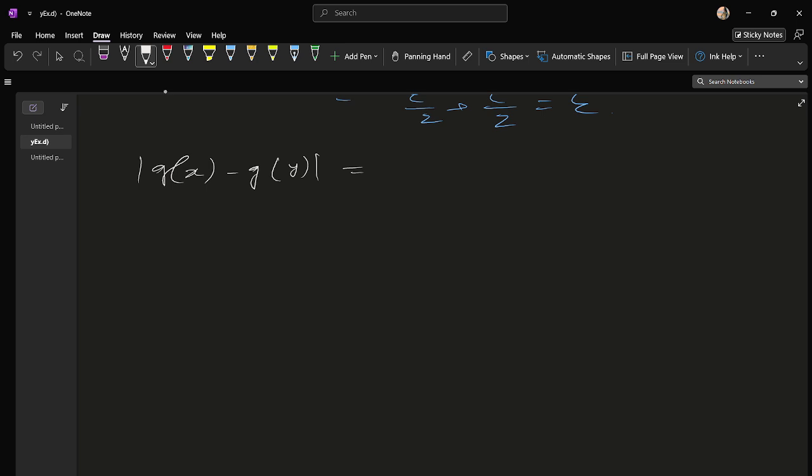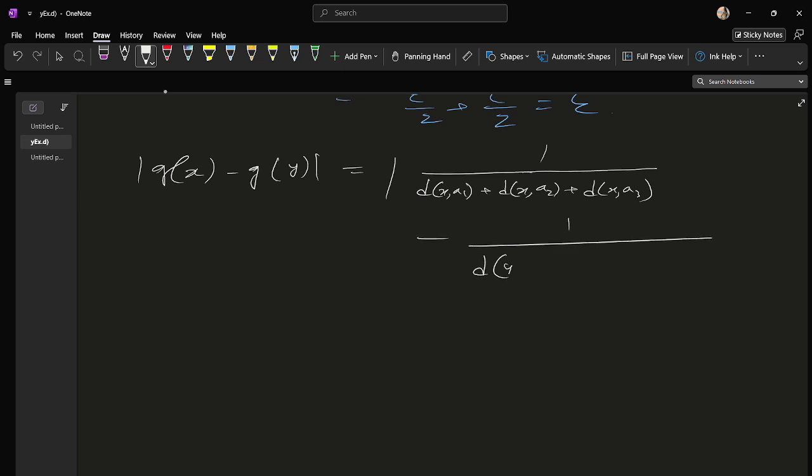That will be the summation of 1 by the big thing, which is d(x, a1) plus d(x, a2) plus d(x, a3), etc., minus 1 by d(y, a1) plus d(y, a2) plus d(y, a3). Yeah. So after that, what will we get?